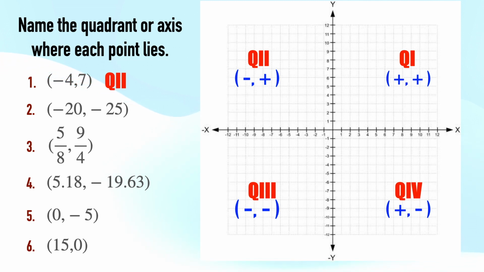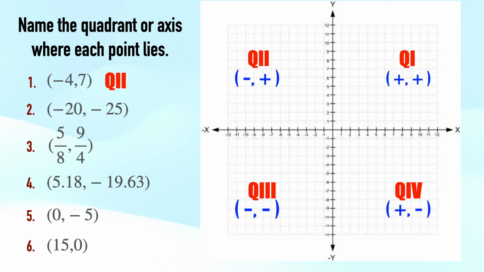Number 2. Negative 20 and negative 25. Sir, kasi po hanggang 15 lang po yata or 12. Hanggang 12 lang po yung mga number line. Hindi na po namin ma-identify. 'Di ba sinabi ko kanina, by considering on the signs, we can identify kung saan silang quadrant.